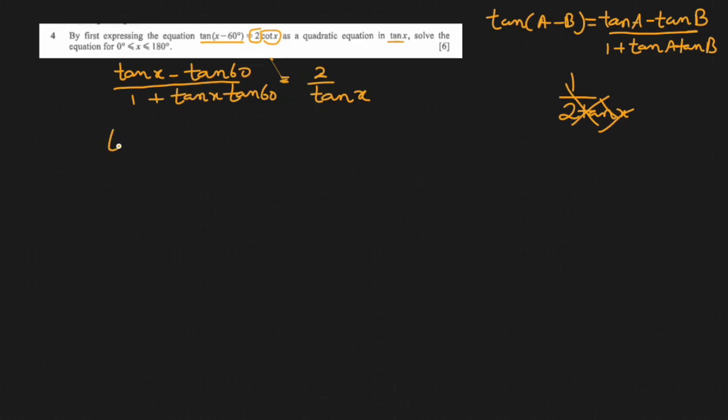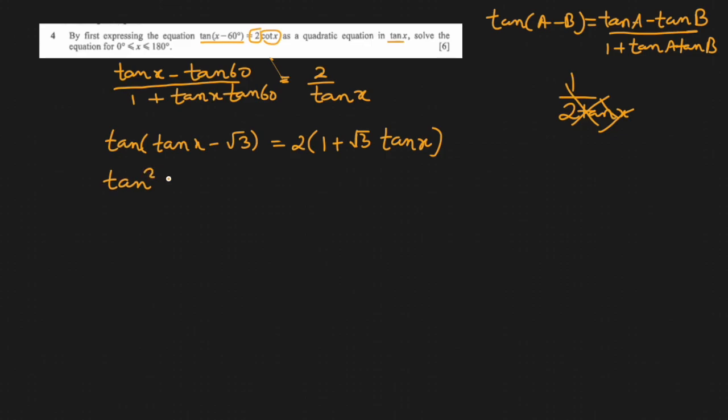So tan x multiplies with the numerator here, which is tan x minus tan 60. Let me write the value of tan 60, which is square root 3, equal to 2 will multiply with this 1 plus tan x tan 60, which becomes square root 3 tan x. Okay, now let me bring everything to the left side and hopefully it will become a quadratic equation as they want.